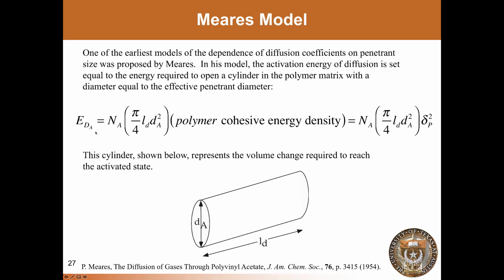And so Mears's model said that the activation energy of diffusion depended upon the volume of the activated state and the polymer cohesive energy density. And so polymers with higher cohesive energy density, that is those with favorable interactions, hydrogen bonding, this sort of thing, could be expected, all other factors being equal, to have higher activation energies for diffusion, because you have to put in more work to create that volume for the penetrants to go through.